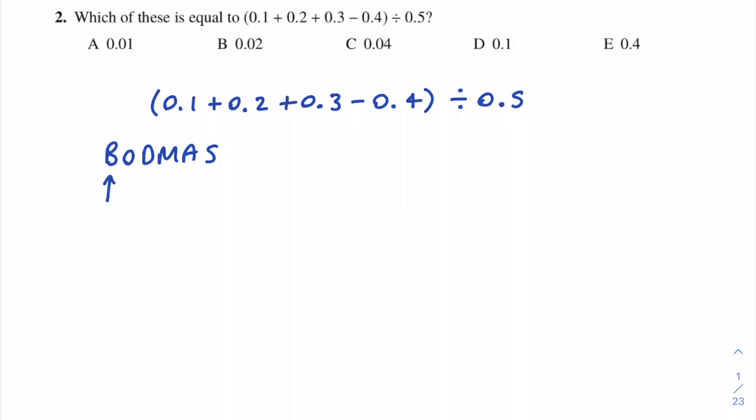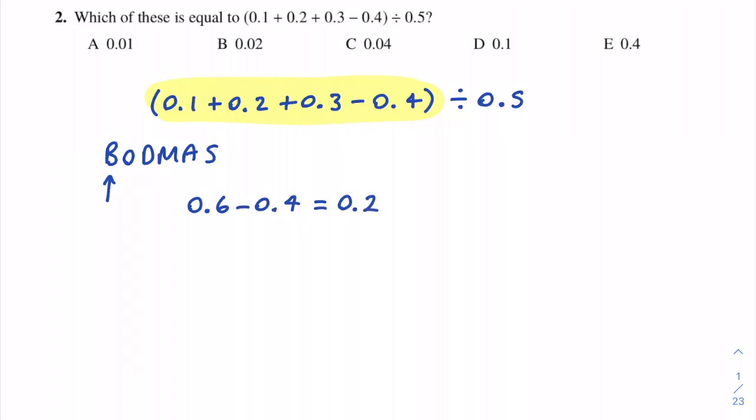So we can simplify what's in the bracket first, which is all of this here. So we're going to have 0.1 plus 0.2 plus 0.3. That gives us 0.6. And 0.6 minus 0.4 gives us 0.2.